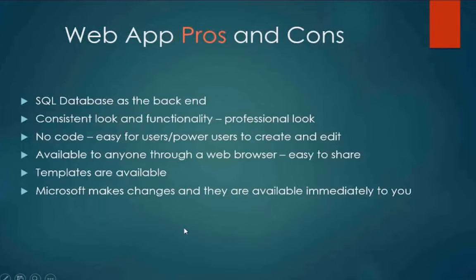If Microsoft makes changes, it's immediately available to you is what I'm trying to say. Got a little tongue-tied there for a second. And again, this is another thing that's a pro here that can also be a con. But I was looking through today at some of the changes they've made, since I was mainly working with this the last couple of years. One of the things they added, I think a couple of months ago, was that you could download to Excel.